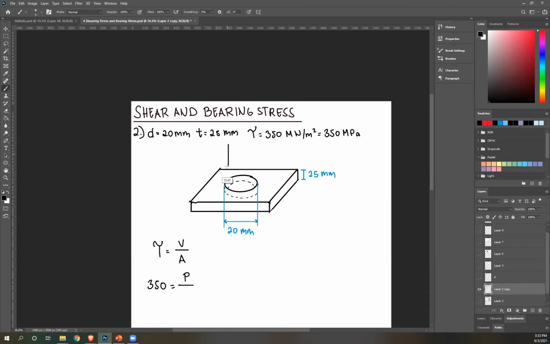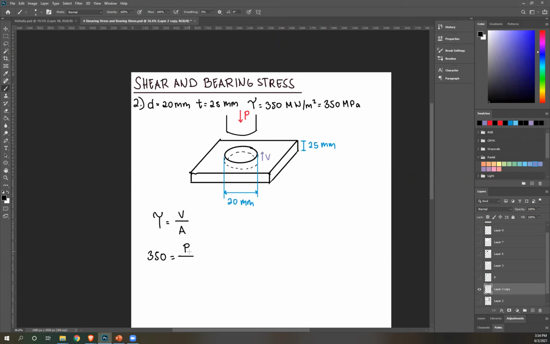Once again, we're going to need a cylinder with the same dimension to create that hole. There's going to be an applied force P, and then this will have a reaction for shear force V. That's why P equals V. And then area.